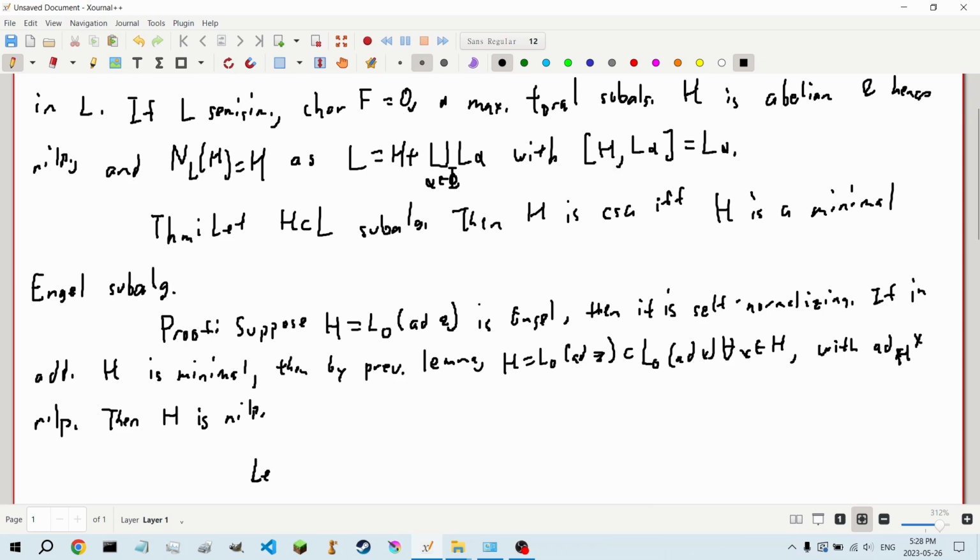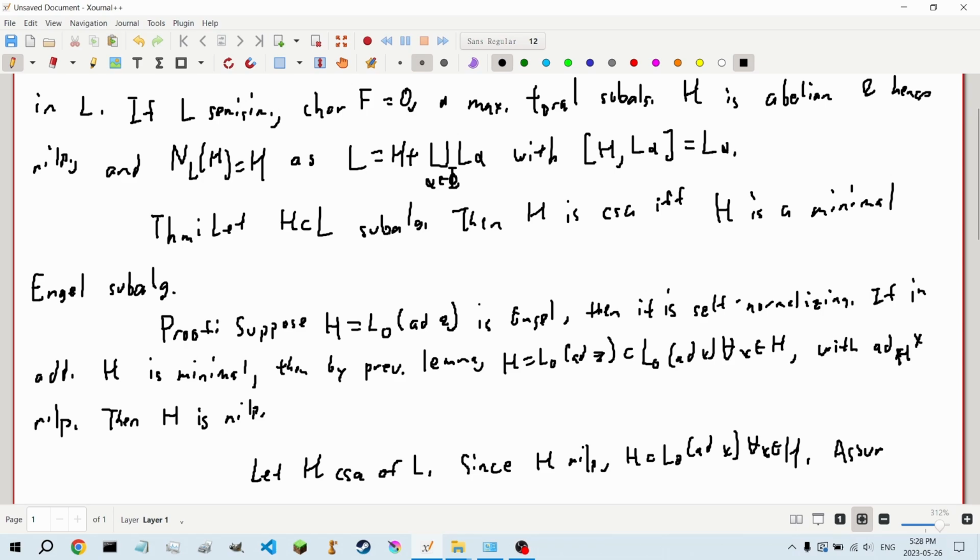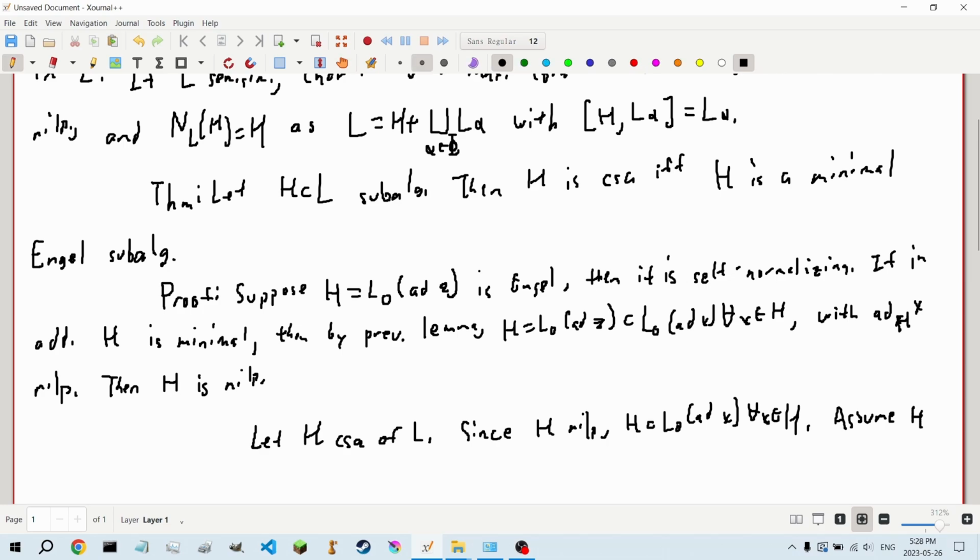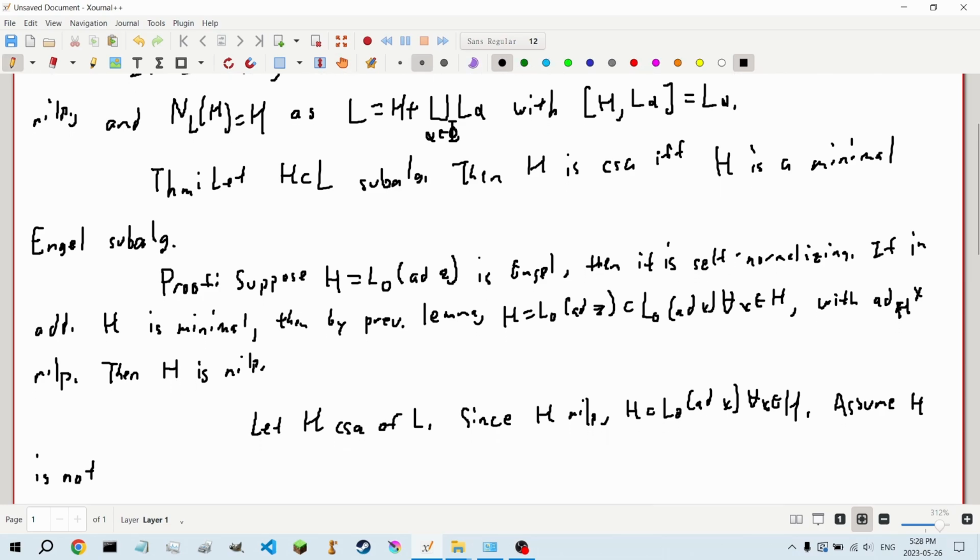Conversely, let H be a Cartan subalgebra of L. Since H is nilpotent, it is inside of each L_0 of adjoint X. Assume H is not equal to L_0 of adjoint X for all X in H. Essentially, it's not equal to any Engel subalgebra.